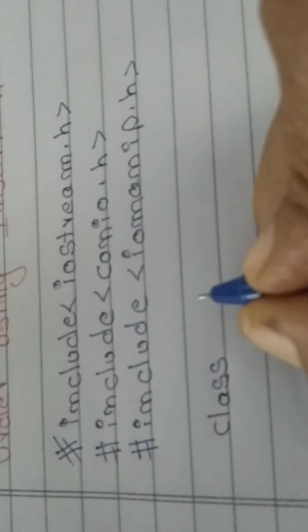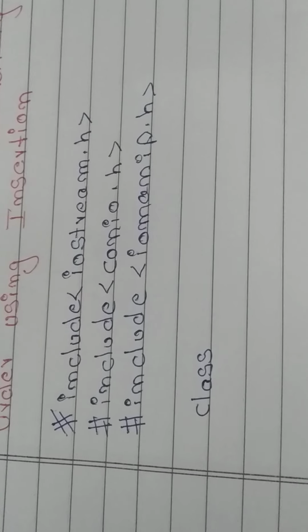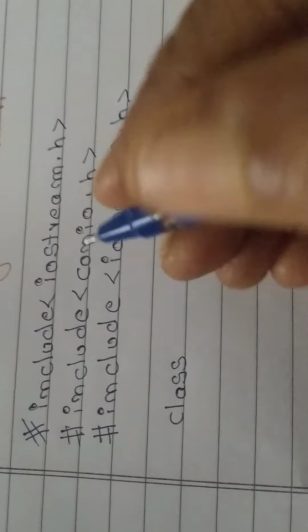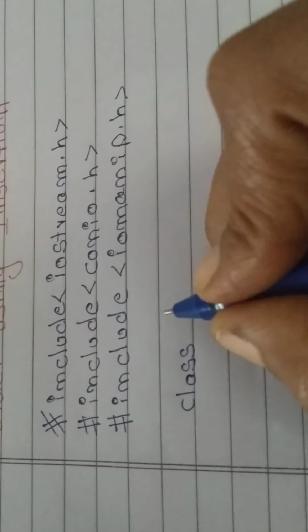In the previous videos, what is the structure of a class? Class, then class name. Here, frequency means the class name is frequency. Second program, insertion means the class name is insertion. Deletion means delete. We can write anything, but we are writing in that order.